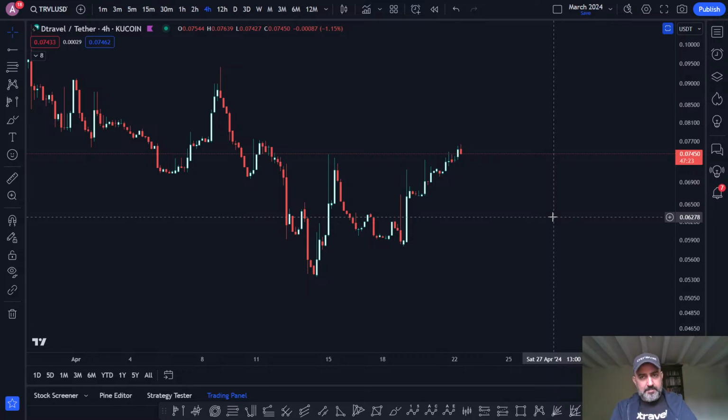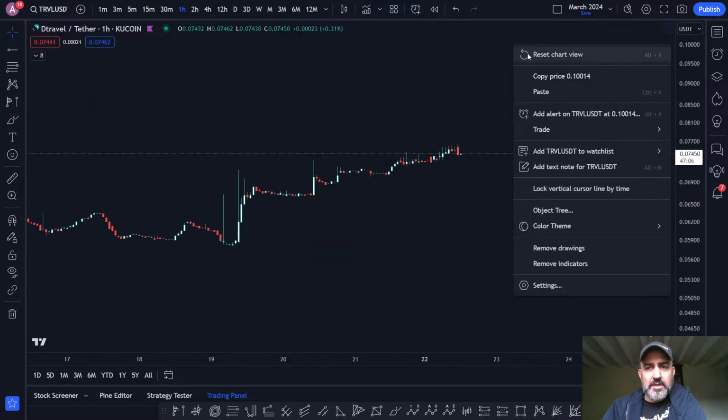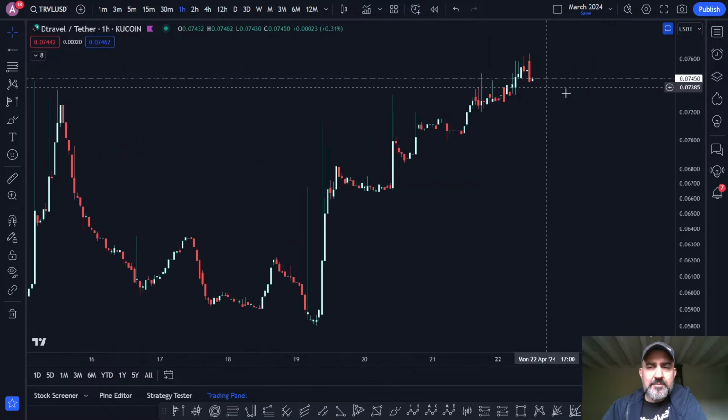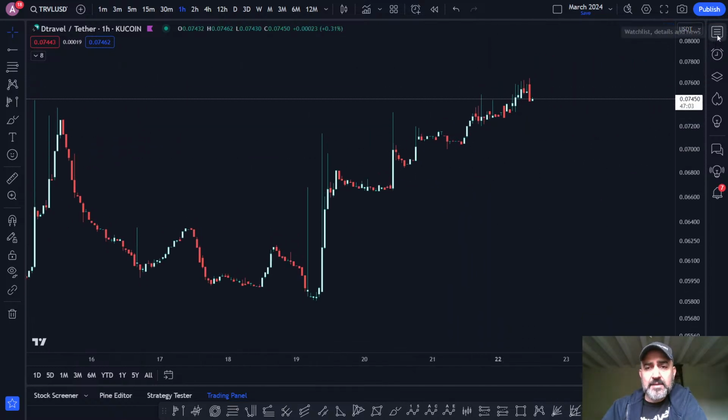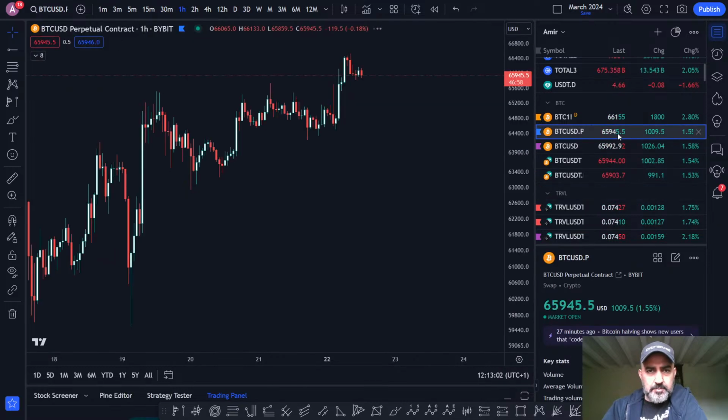Bitcoin is the tide that lifts everything, it lifts all the other cryptos. So the best time to buy TRVL is when Bitcoin is pulling back, when Bitcoin is showing red. If you're looking to accumulate TRVL, it's a good time to pick it up when Bitcoin is red, not when Bitcoin is green, because then you're not pushing the price.